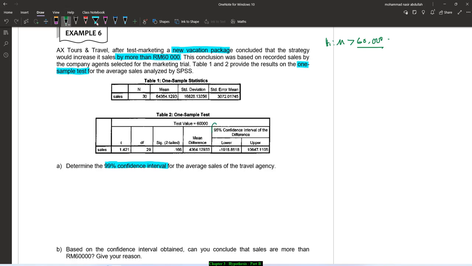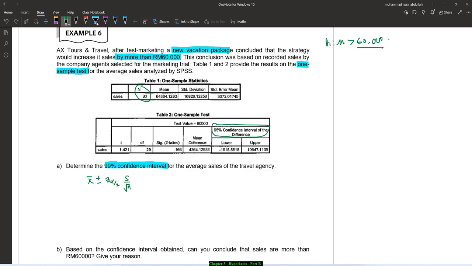So this is the confidence interval of the difference. Average sales is x bar plus minus. Since n is equal to 30, we're going to use the Z distribution, Z alpha divided by 2, s over square root of n.